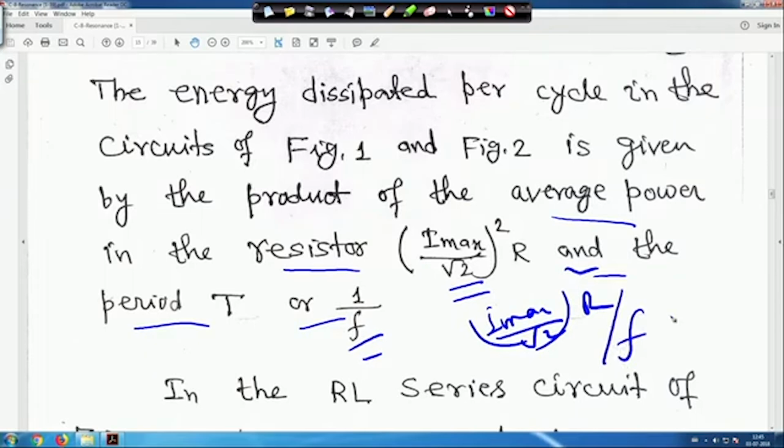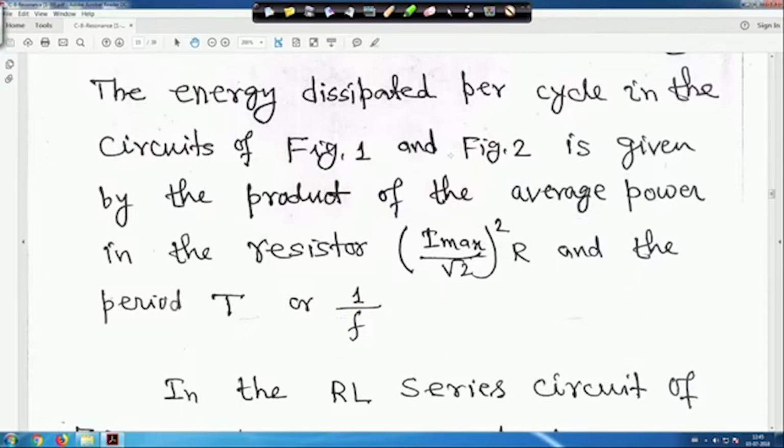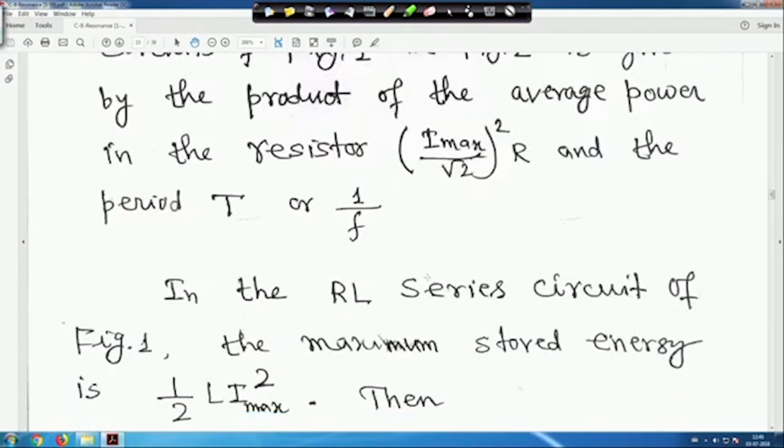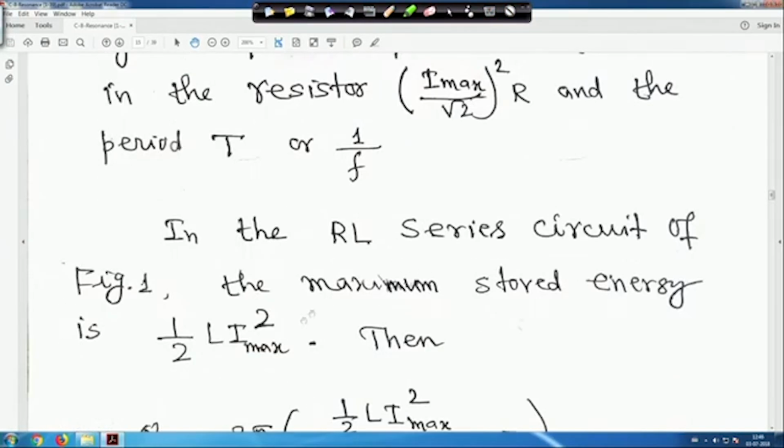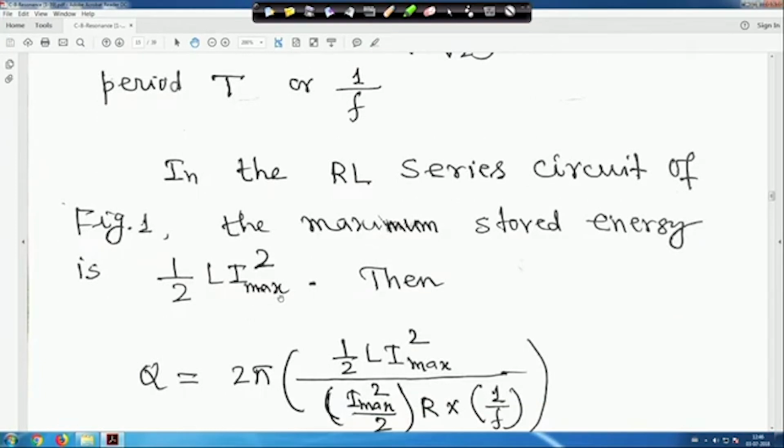So, this is the energy dissipated per cycle in the circuit of figure 1 and figure 2. Figure 1 is the inductive circuit and figure 2 is the capacitive circuit. In the case of the RL series circuit, figure 1, the maximum stored energy we have studied earlier is half L I max square.